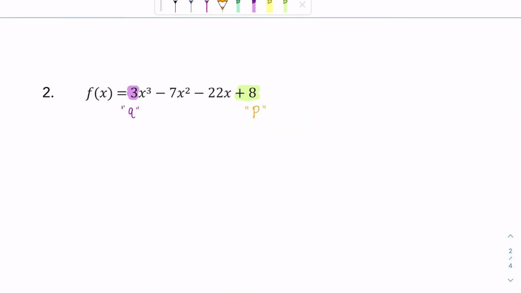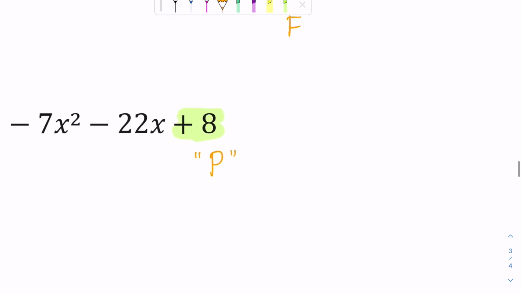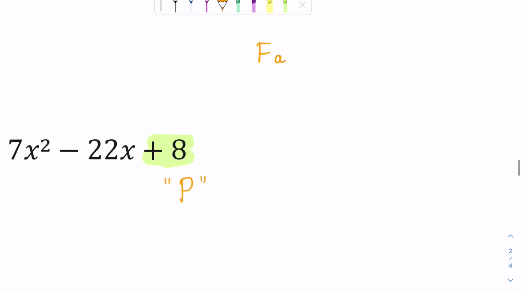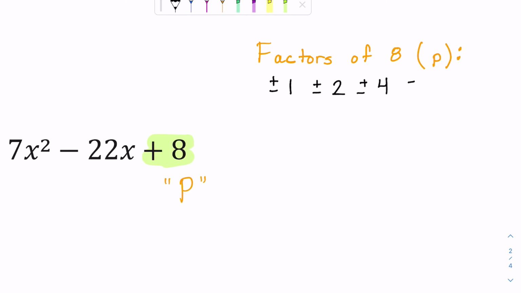We're going to start by listing factors of P. These factors would include positive or -1, positive or -2, positive or -4, positive or -8. You have to list them all.